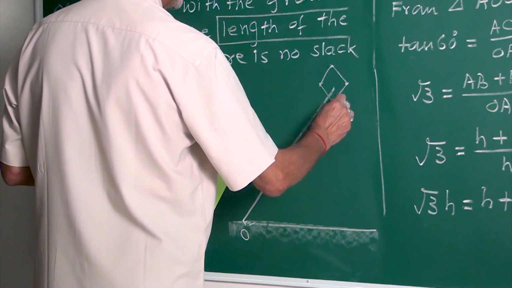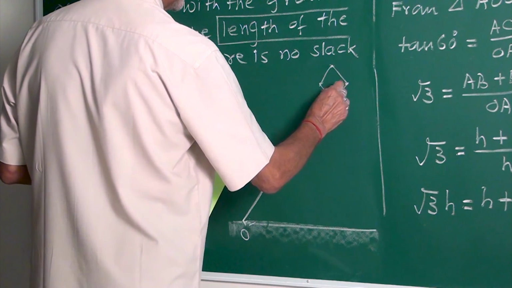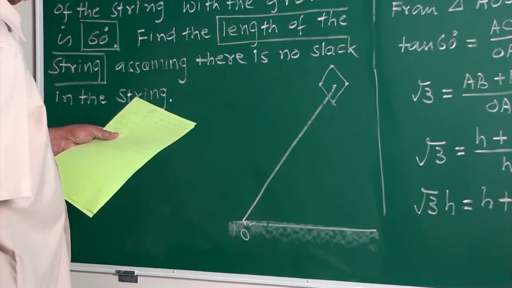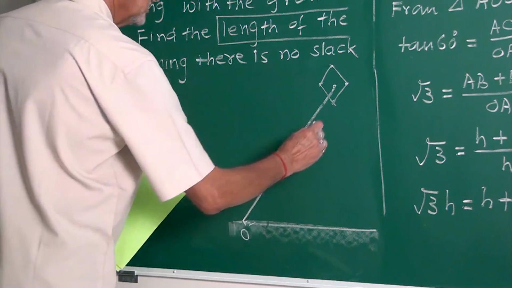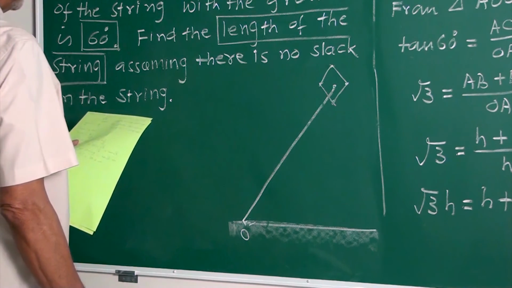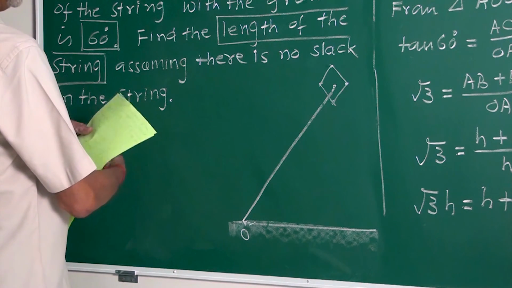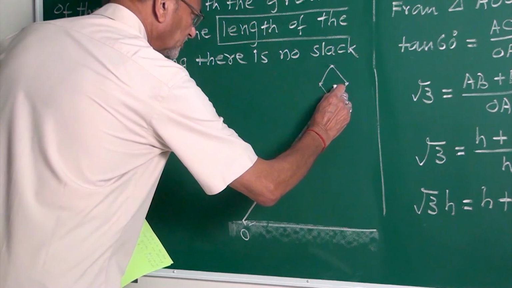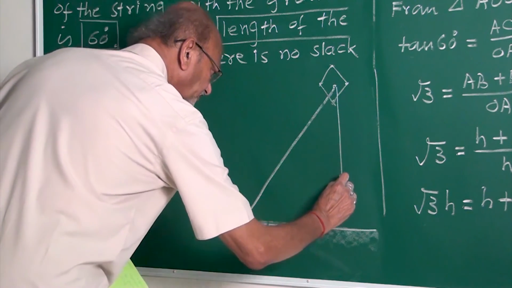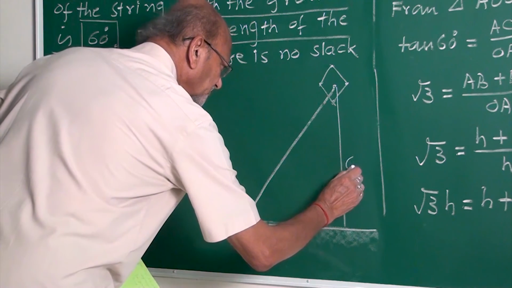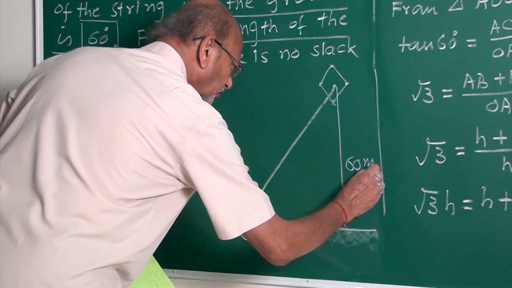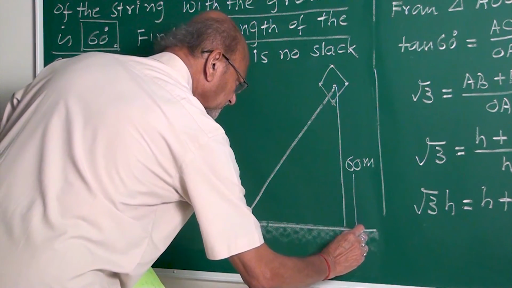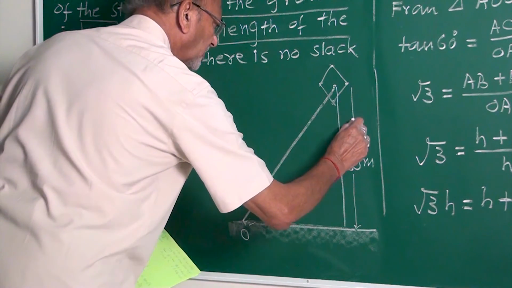This is the kite. The kite is at a distance of 60 meters from the ground. This is the height of the kite.